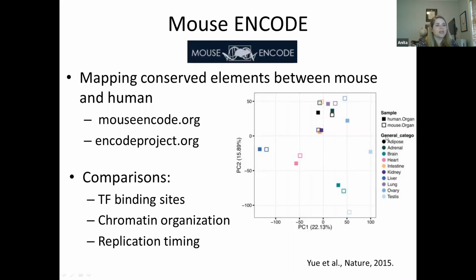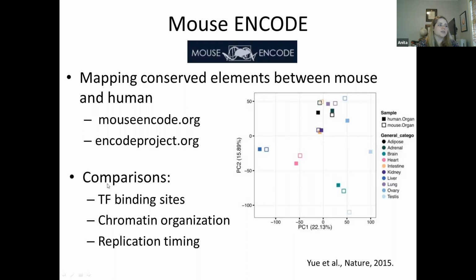Here they're showing different tissue types in different colors, mouse in the open squares and human in the filled in squares. And if they look at the sequences across two principal components, you can see that the human and mouse versions of a lot of these genes expressed, tissue-specific gene expression really clusters between mouse and human. So I thought that was kind of cool.